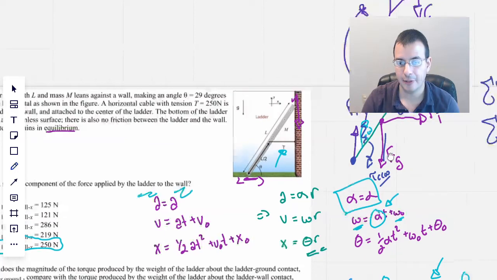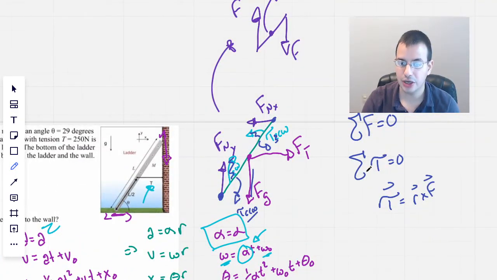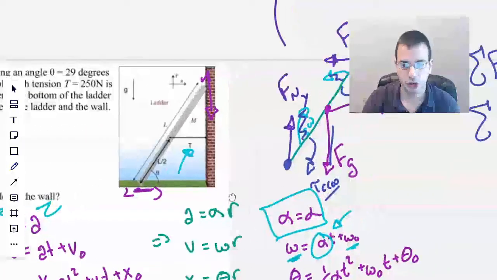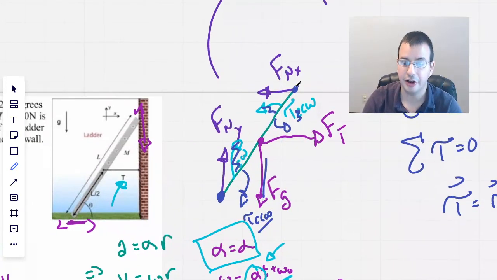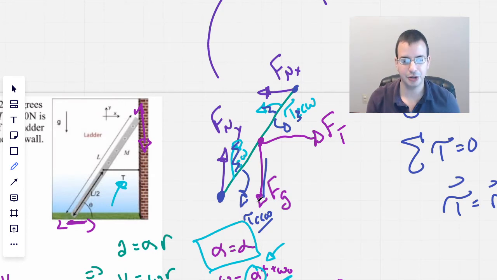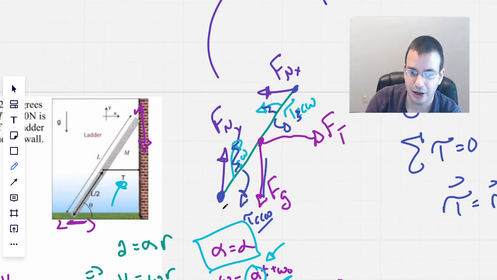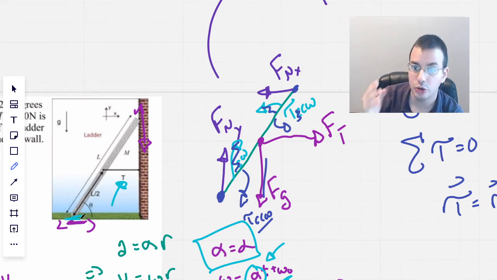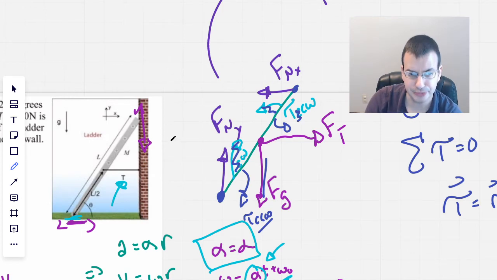So we said net force equals 0, net torque equals 0. We drew our crazy diagram here. We had 4 different forces, but 2 of them were parallel, 2 of them were perpendicular. So we had force gravity down, we had force net up, and the reason we only had one force here is because the ladder was free to slide, which means there's no normal force in the x direction.